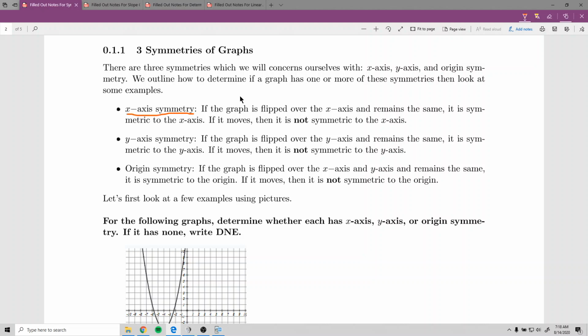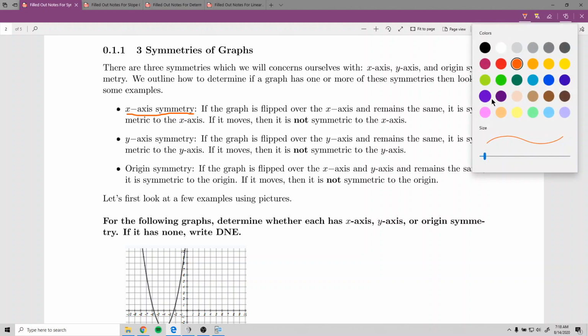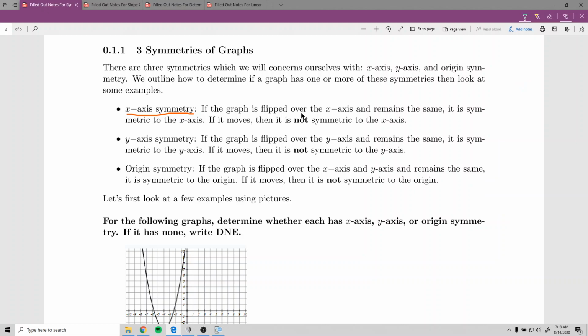We say if the graph is flipped over the x-axis and remains the same, this is just one way to think about it. So it doesn't move at all, then it is symmetric to the x-axis. If it does move, it could even be just very minor, but if it does move at all, then it is not symmetric to the x-axis.